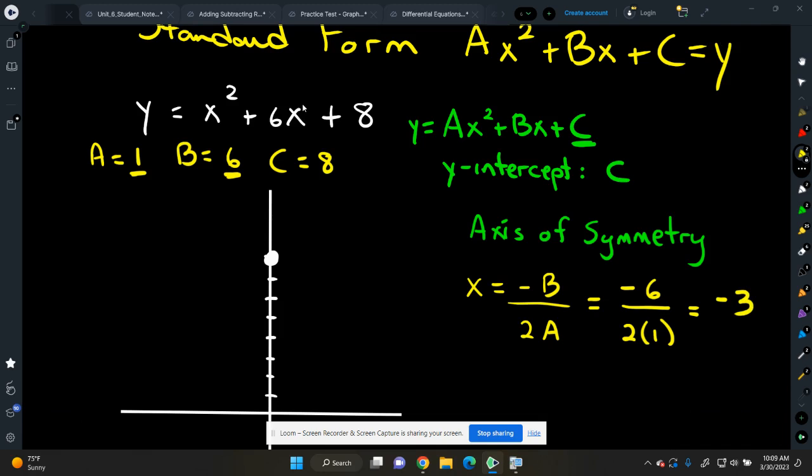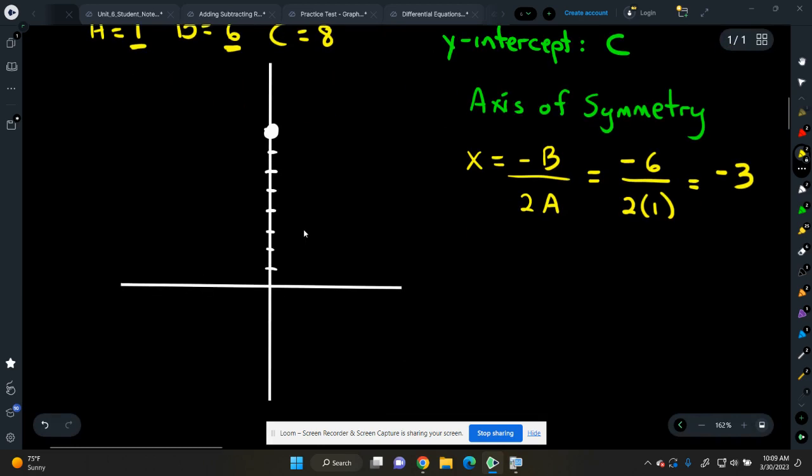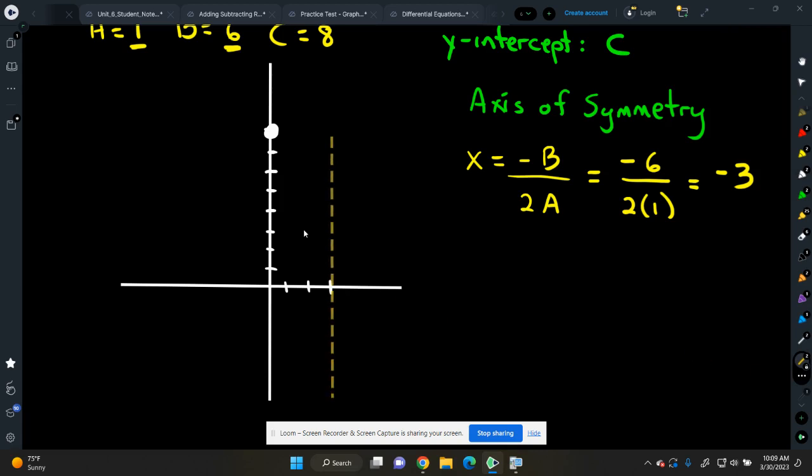Okay. So I'm just going to sketch that axis in there. 1, 2, 3. I'm just going to put a dotted line there. Okay, there's my axis of symmetry. Okay, everybody good with that?